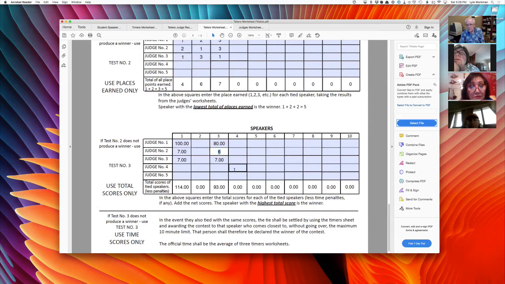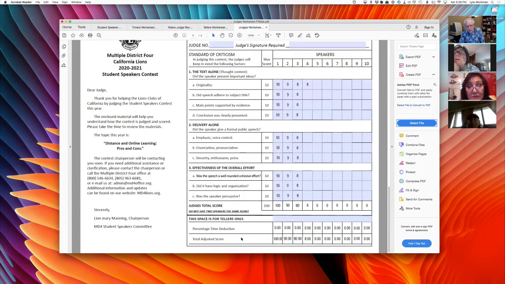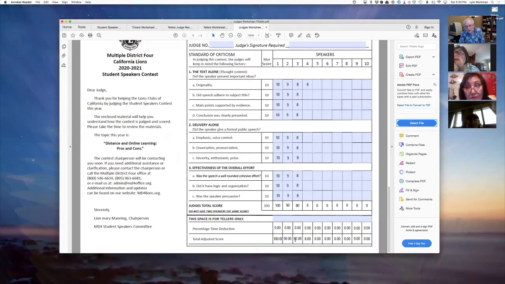Understand? No. Because if you look here, the total adjusted score, this speaker did very well. He got 100. The third speaker didn't do as well, but somehow got tied and only had 80. How can he get tied if he only has 80 and the other one has 100?